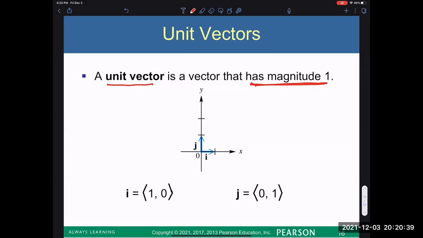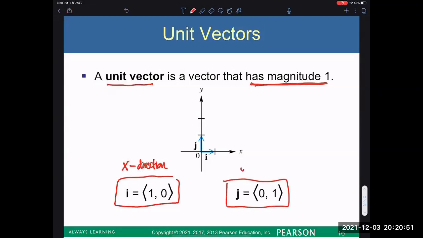I is the unit vector in the x direction, and j is the unit vector in the y direction. And so you can see them graphed here. You just have these little length 1 vectors pointing to the right for I and pointing straight up for j.